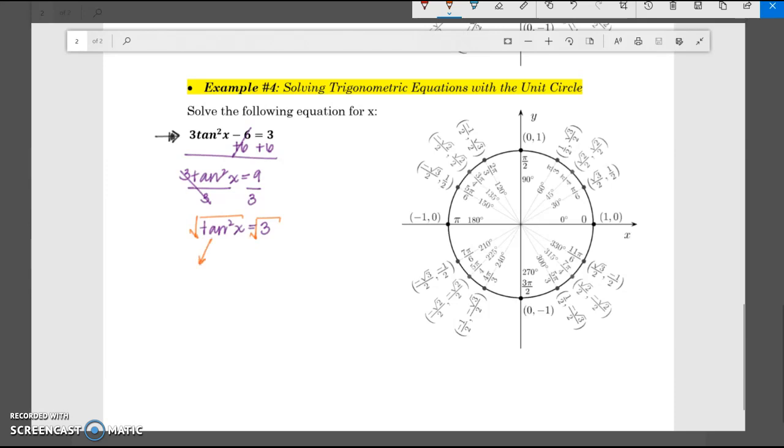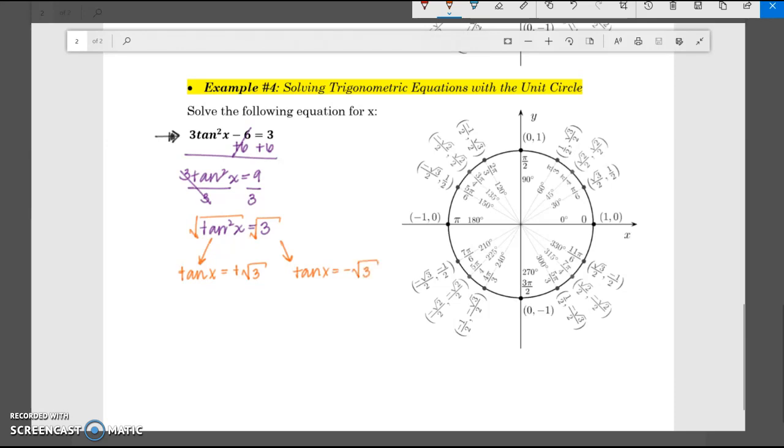When we do that, we're going to end up with tangent of x being equal to the positive square root of 3, but also that tangent of x is equal to the negative square root of 3.